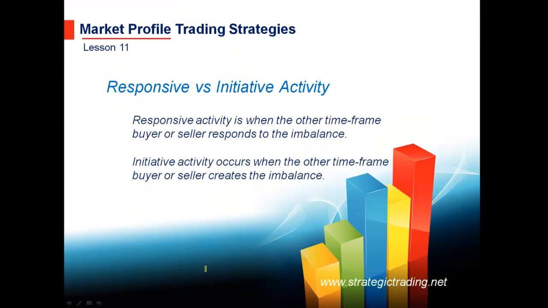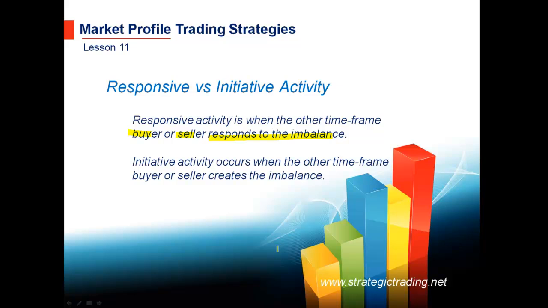Now, having discussed the various roles and the ideas of control, we want to spend just a little bit of time revisiting the concept of responsive versus initiative activity. Responsive activity is when the other time frame buyer or seller responds to the imbalance.